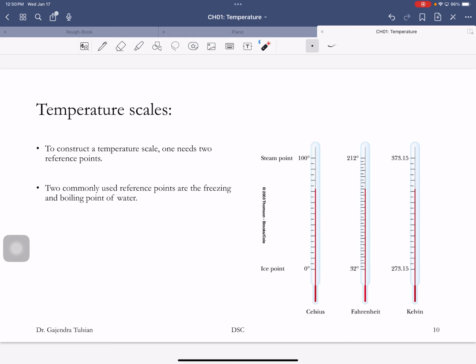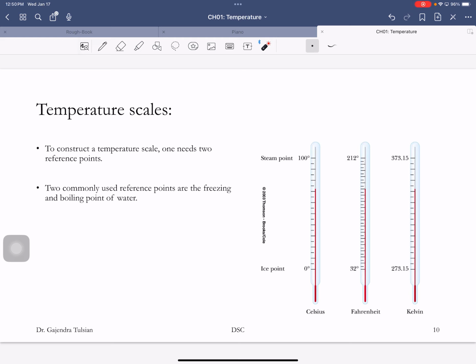Let's say you are at 1 atmospheric pressure, and you melt ice and put your finger in there and feel the temperature. It doesn't matter when you do it, in the morning, at night, 10 years from now, it feels the same temperature.